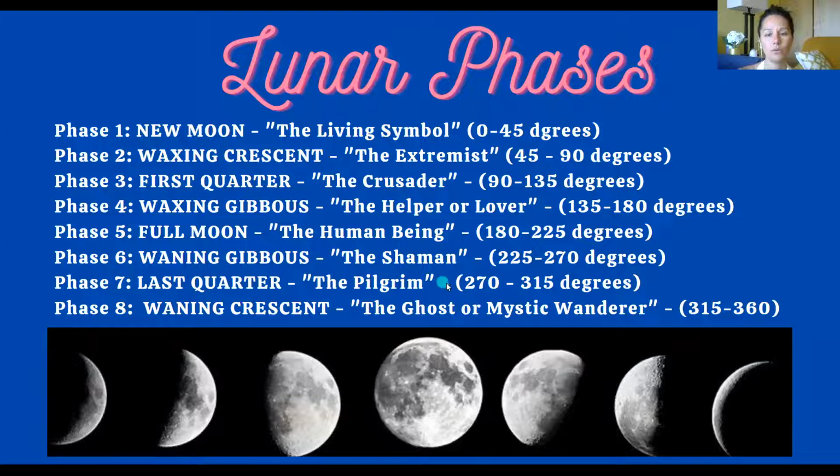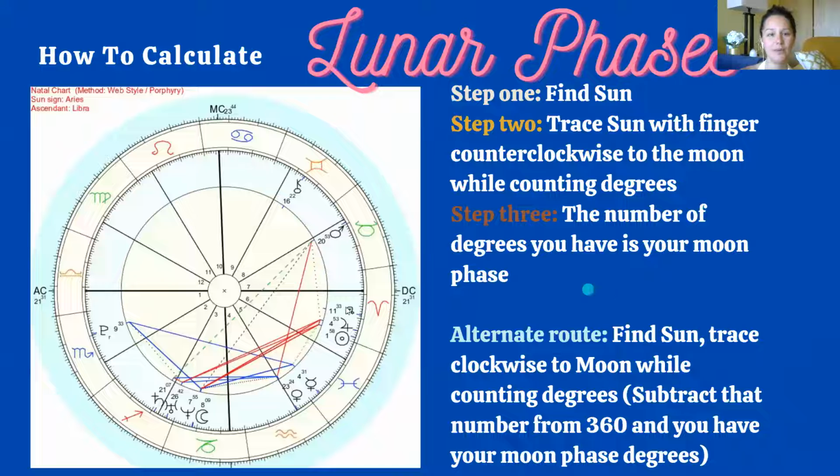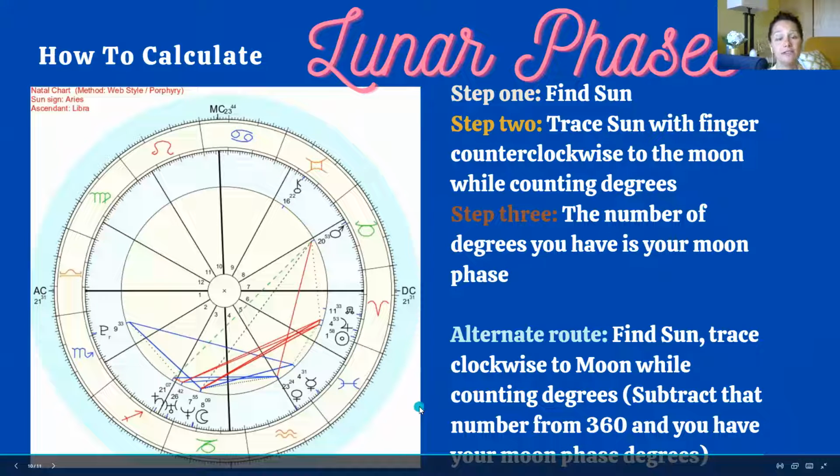So I'm going to show you now how to do it on your chart. Step 1, and this is going to help you with other ways of looking at the chart, which I'll explain. To find your phase of the moon, always find your sun. I found the sun, it's right here.